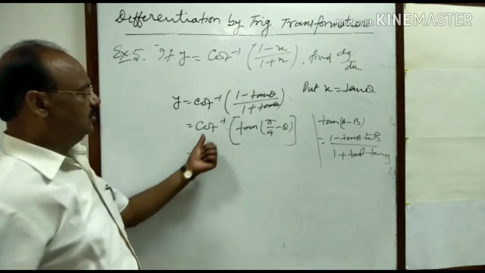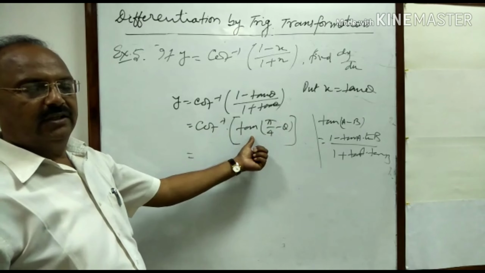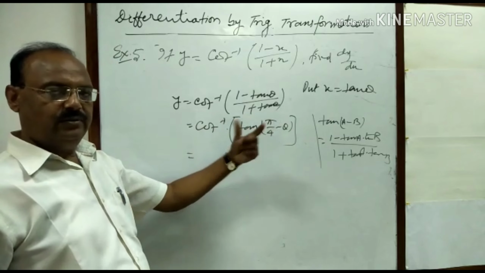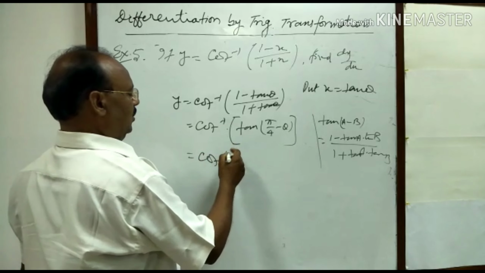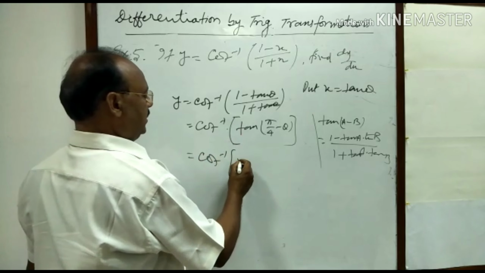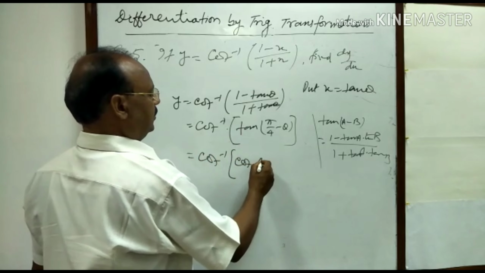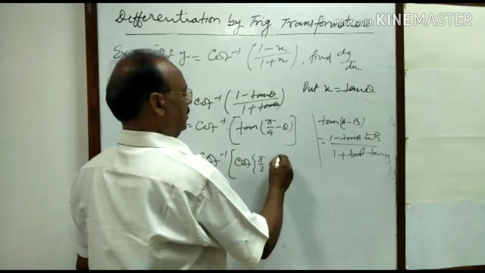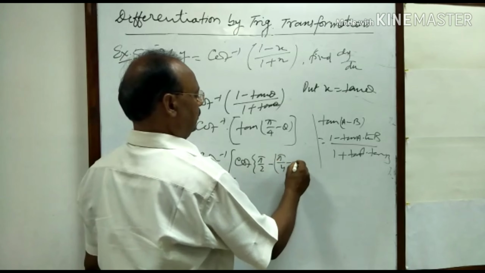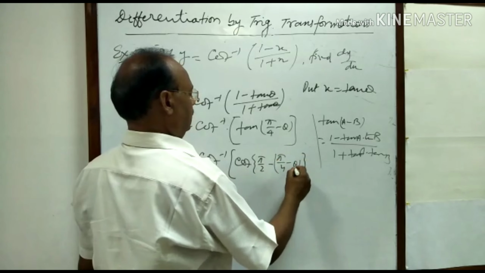And you see here is cot inverse, but tan is here, so we can reduce this tan into cot. So this is equal to cot inverse. Now this tan can be written as cot of pi by 2 minus pi by 4 minus theta.